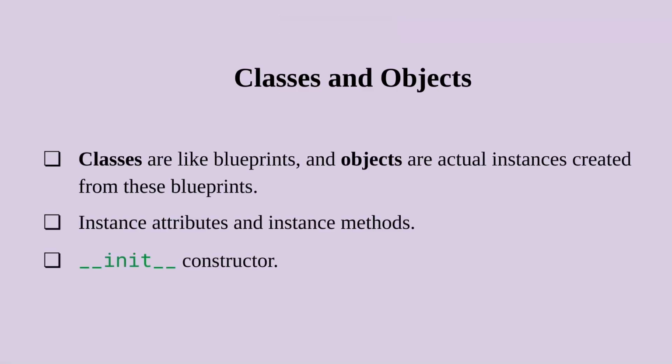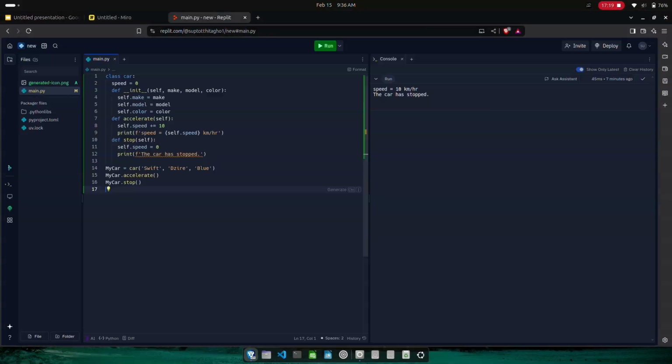Next, we have init constructor. Init constructor is a special method which gets called when an object of the class is created. It is used to initialize the instances with attributes. When this line that we have written, my car is equal to Car and all these, is when init constructor is called.